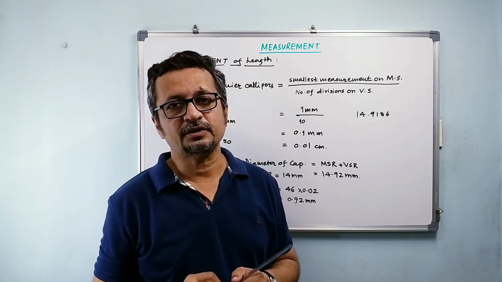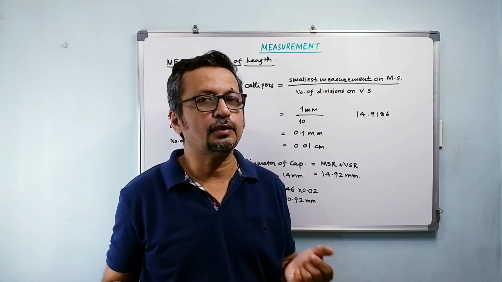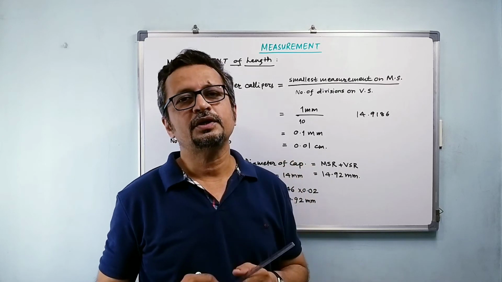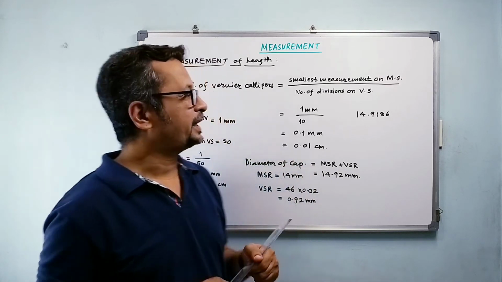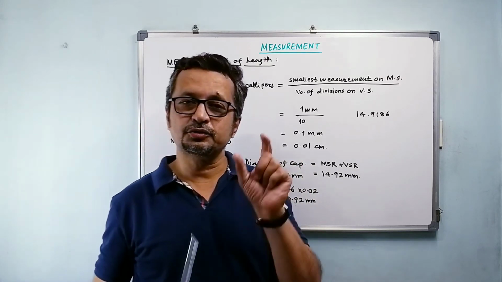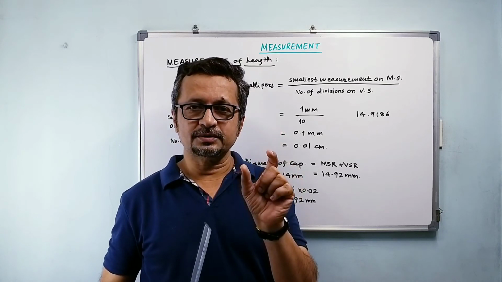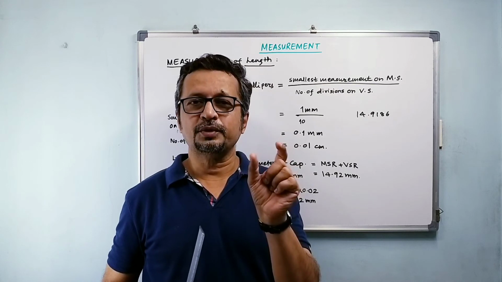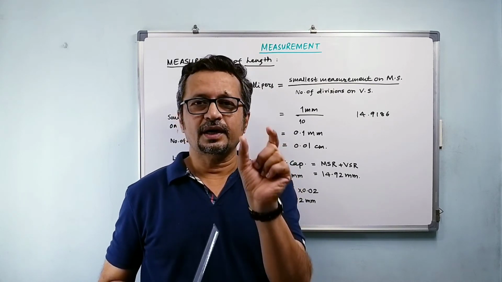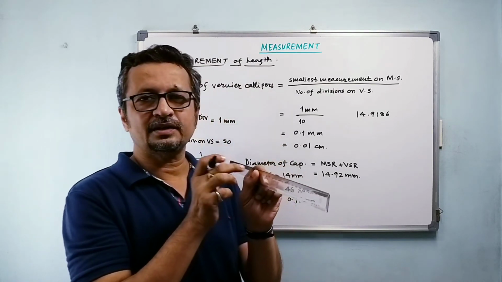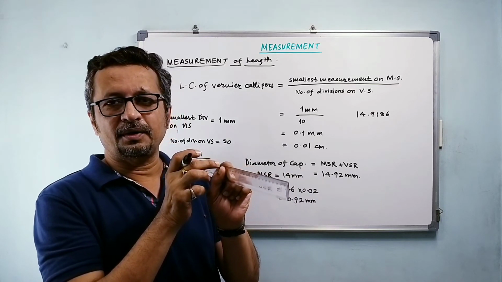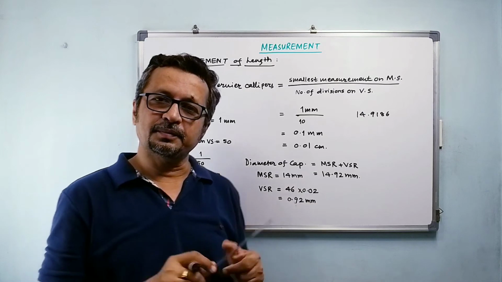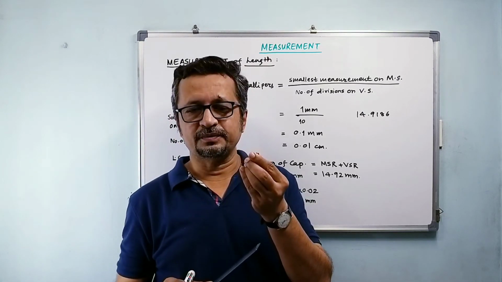How do we do that? Which instrument has even smaller least count than my vernier calipers? It is something called a screw gauge. Like my vernier caliper has two jaws, a micrometer screw gauge has two points between which I can hold the object to be measured.